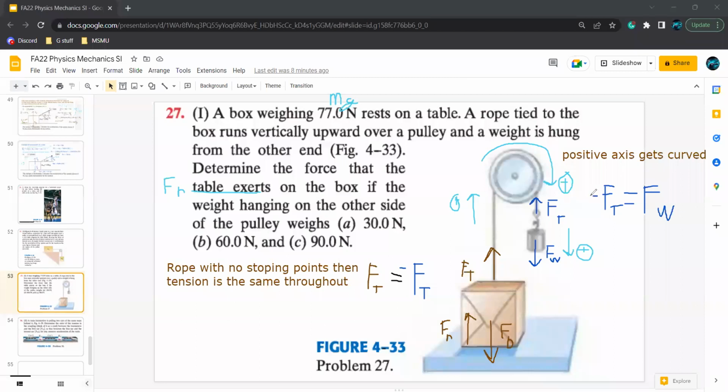So you have negative force tension here, which is equal to force weight, which is equal to a force tension of the box.